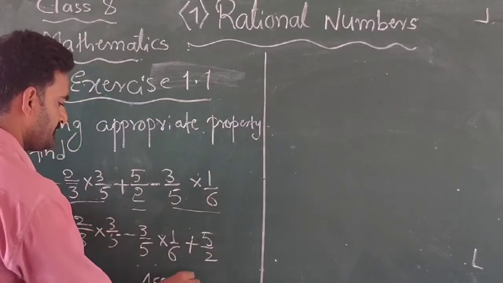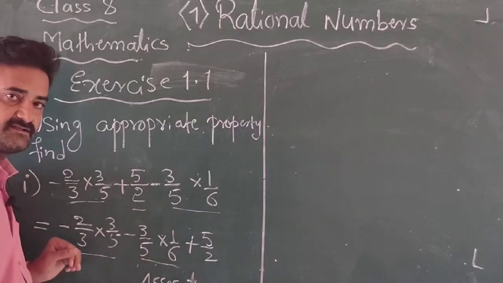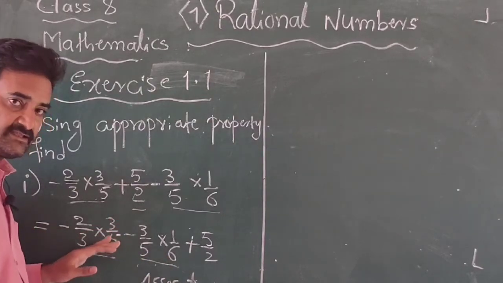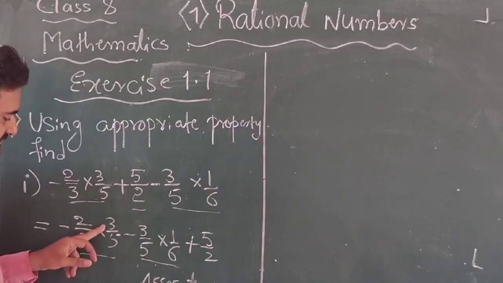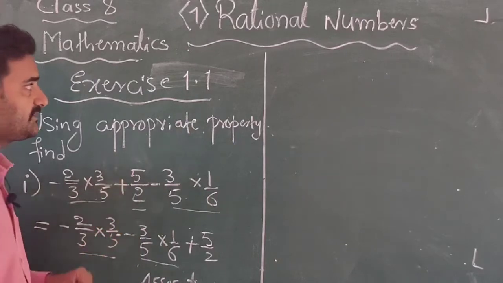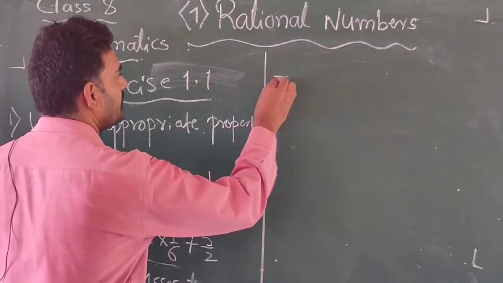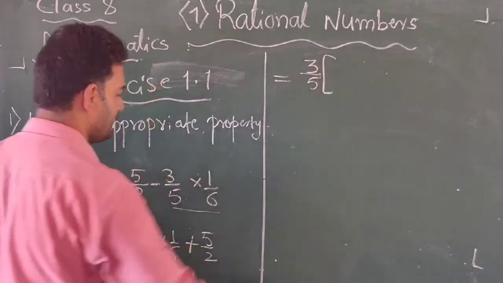Now observe here, this one I kept properly. Now in this, what is the common fraction? That is 3 by 5 here and here also 3 by 5. Now I am going to take 3 by 5 common.